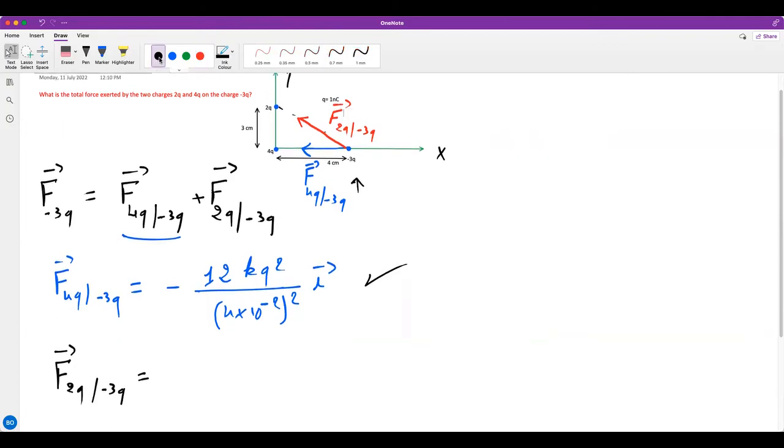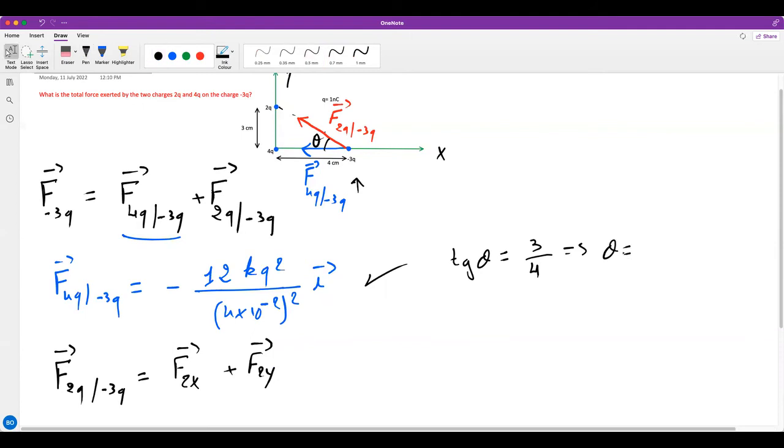I will call them F2x plus F2y. Now let's calculate this angle theta. Tangent theta is equal to 3/4, which means theta is equal to 36.87 degrees.